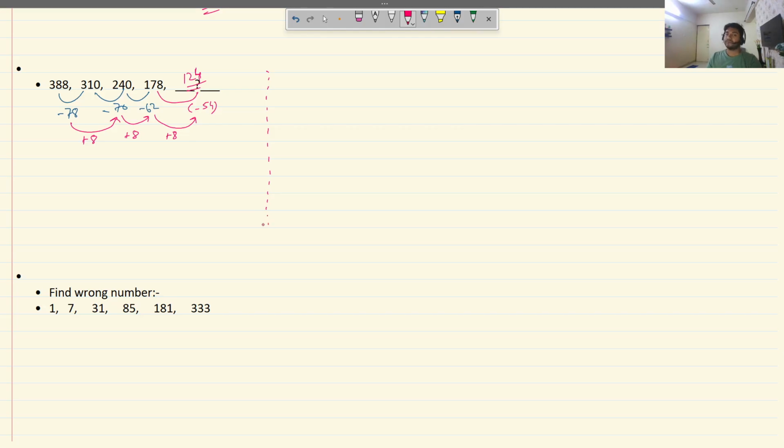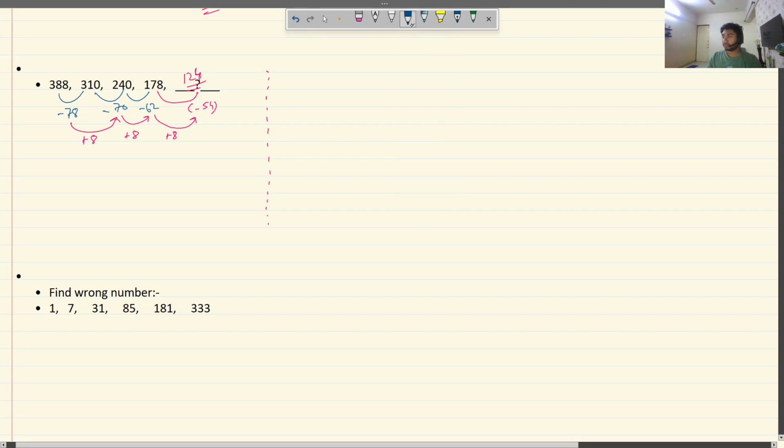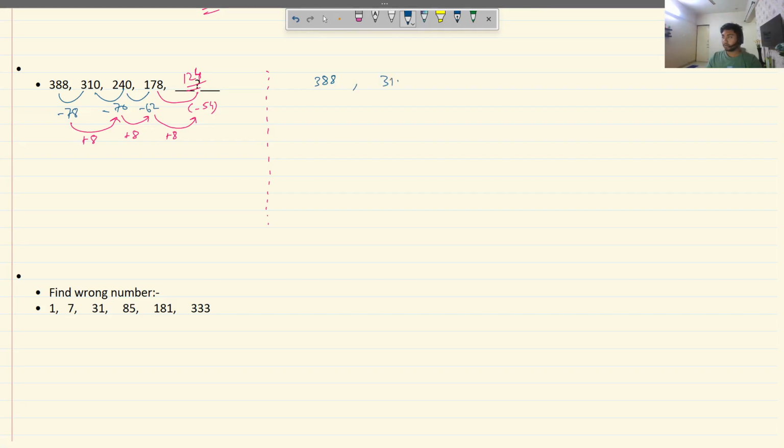If you're well versed with squares of numbers up till 20 or 30, if you've completely memorized them, then you'd notice that 388, 310, 240, 178, my missing number.